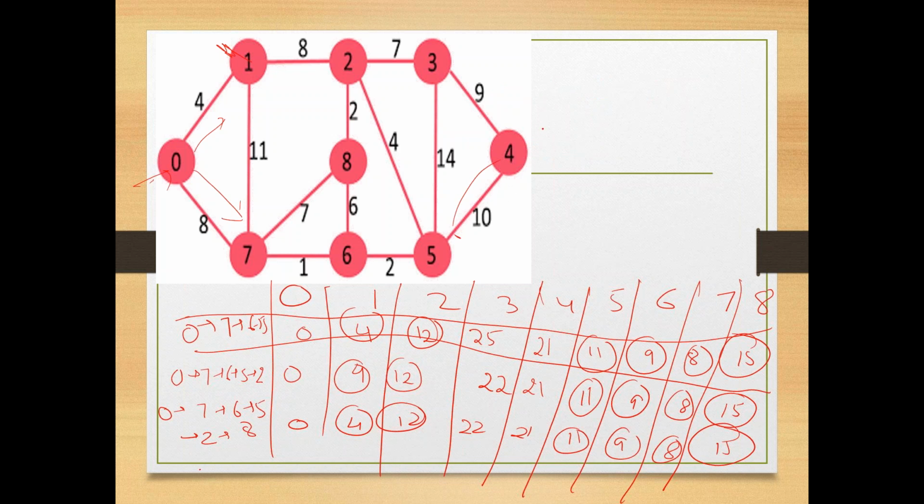So the proper paths are these. See your table if it looks the same or not. These are all the paths which can be there.